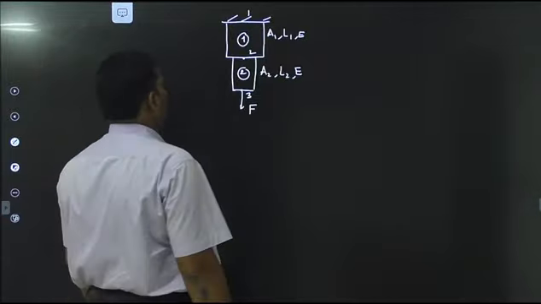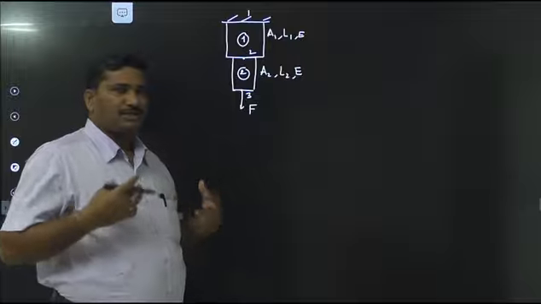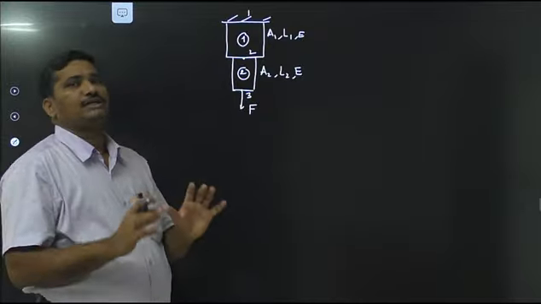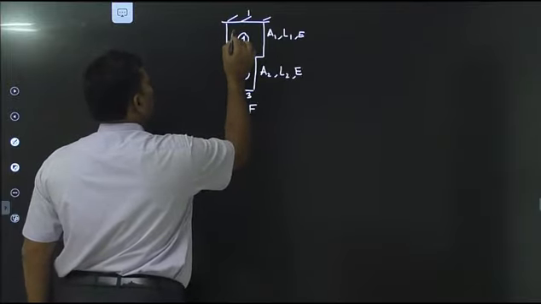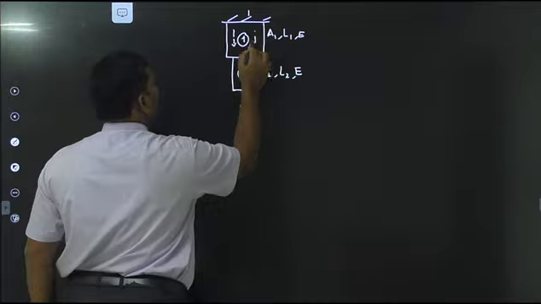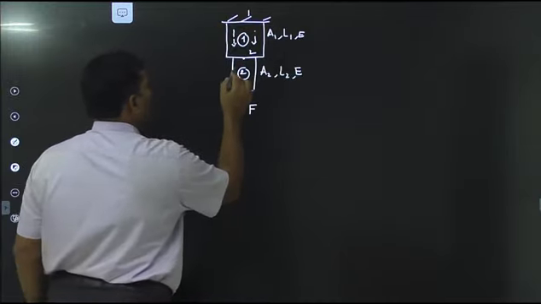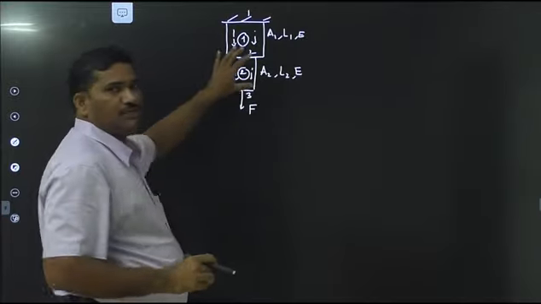Next. So here, what is my first interest? My first interest is to prepare the global body force vector. Now I define this as the body force acting over the entire volume of this element, and this is the body force acting over the entire volume of the other element.